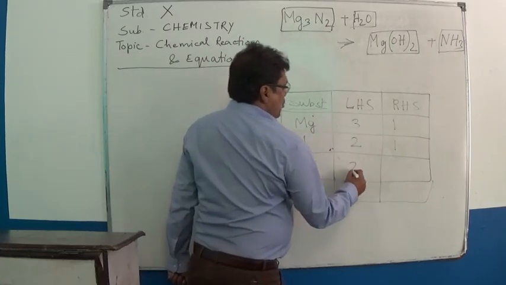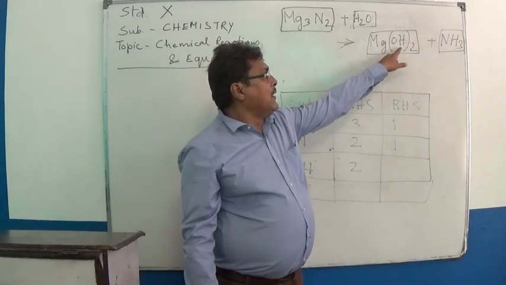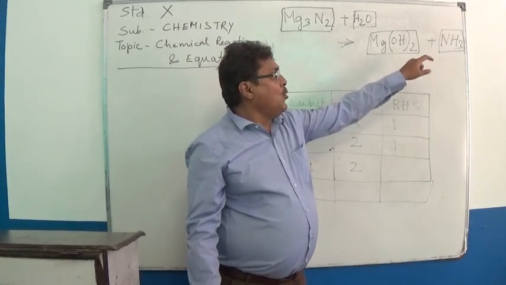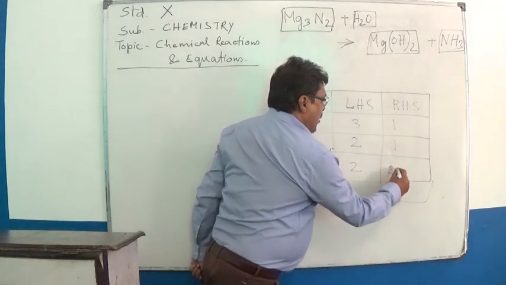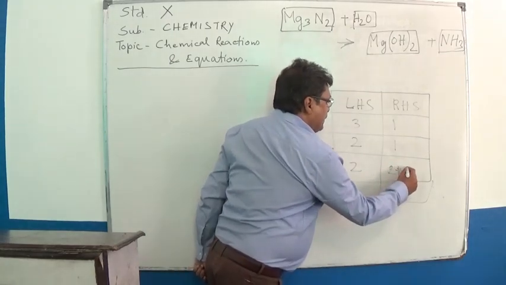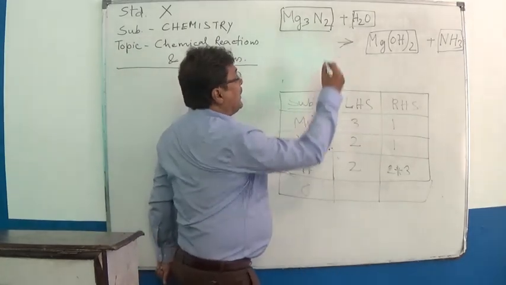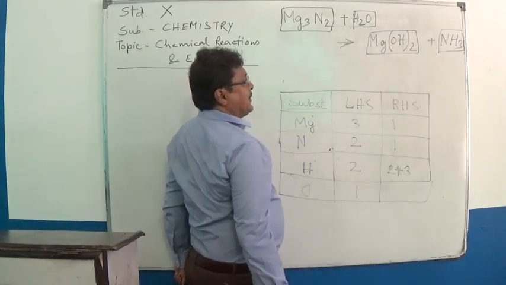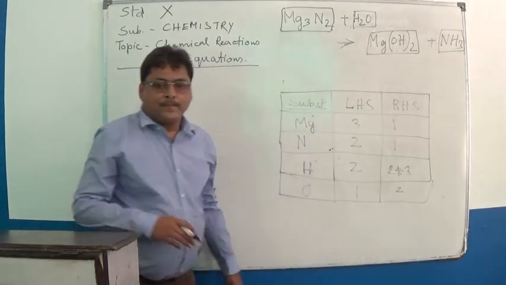Hydrogen, 2 on the left hand side and 2 and 3, there are actually 5 on the right hand side. And oxygen, it has 1 on the left hand side and 2 on the right hand side.